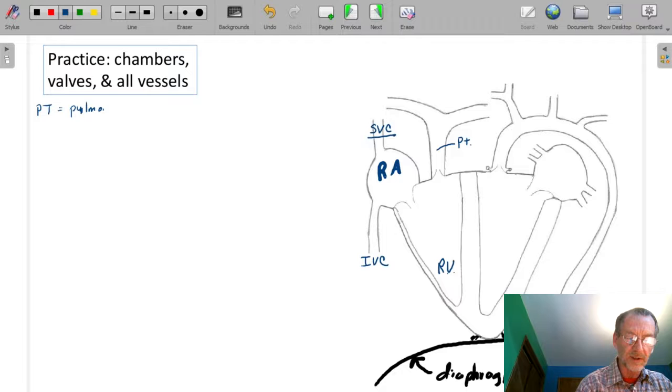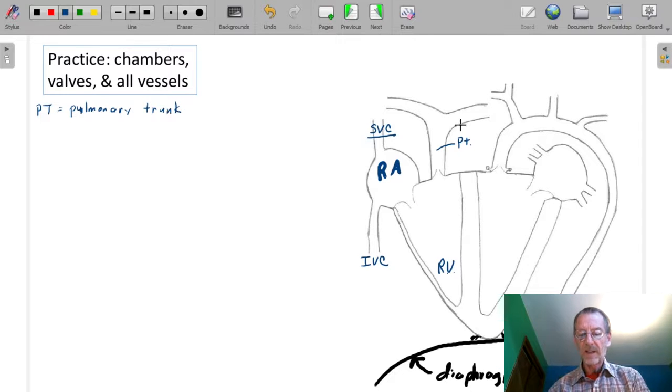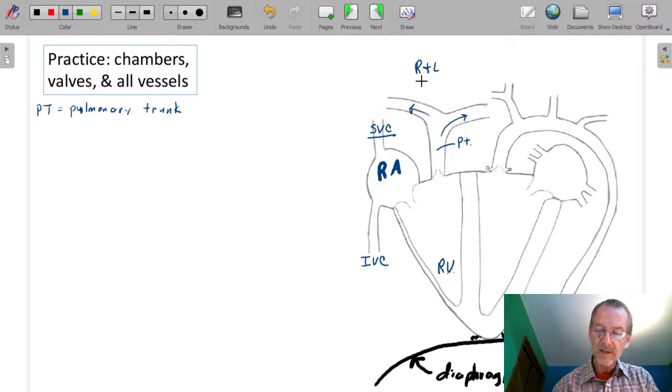I'll spell it out first time. Pulmonary trunk. And then it branches, this is arterial blood, into the right and left pulmonary arteries. So let's just abbreviate right and left. Pulmonary, I'll abbreviate pulmonary arteries, ARTS. Okay?